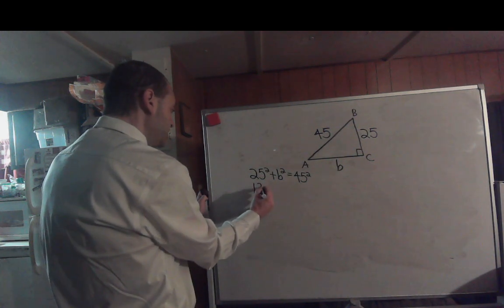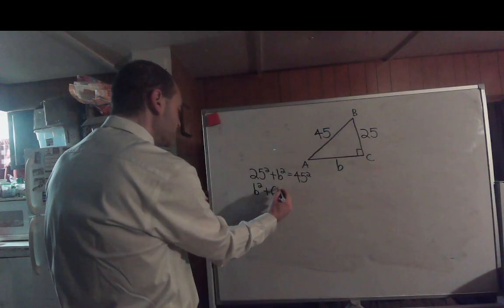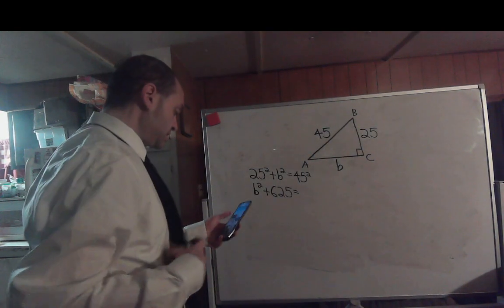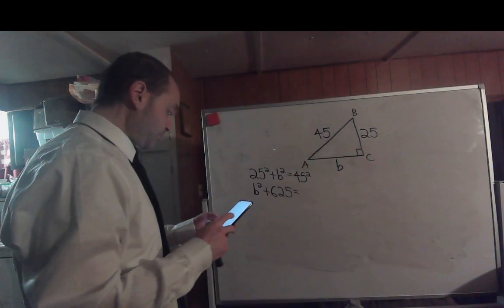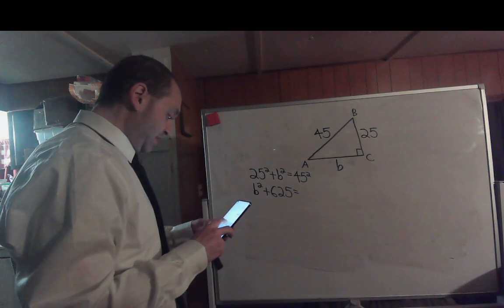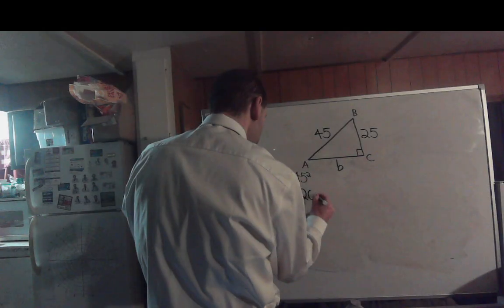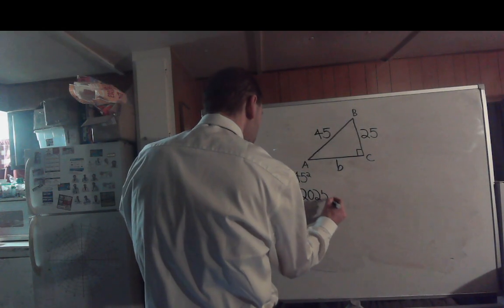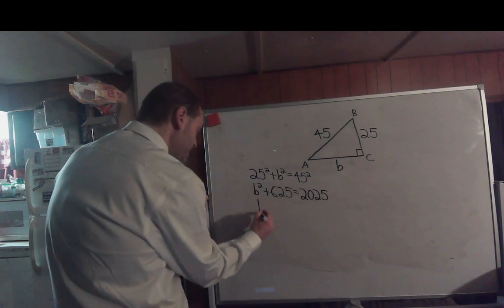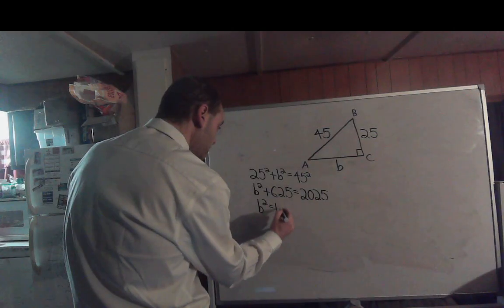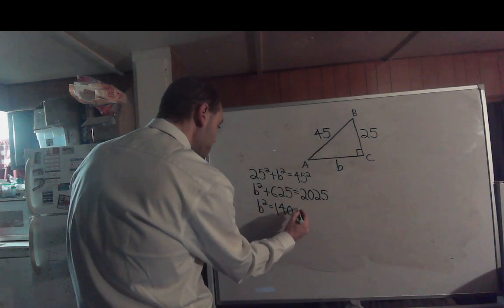So that means we get B squared plus 625 equals, let's figure out what 45 squared is. 45 squared equals 2025. Which then means that B squared should equal 1400.